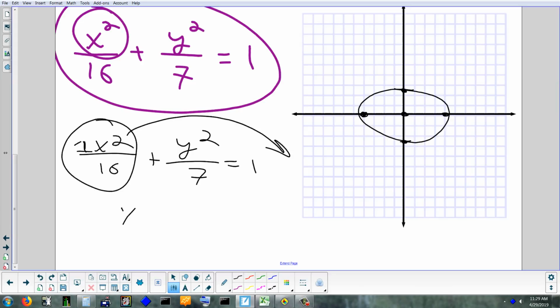It's just like having 3x squared. However you would move 3x squared to the other side, you do the same thing here. Yeah, just subtract it. So just bring it to the other side.